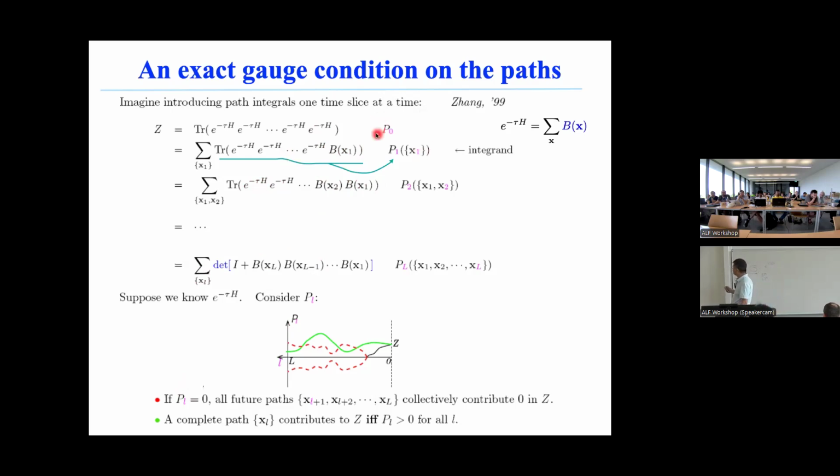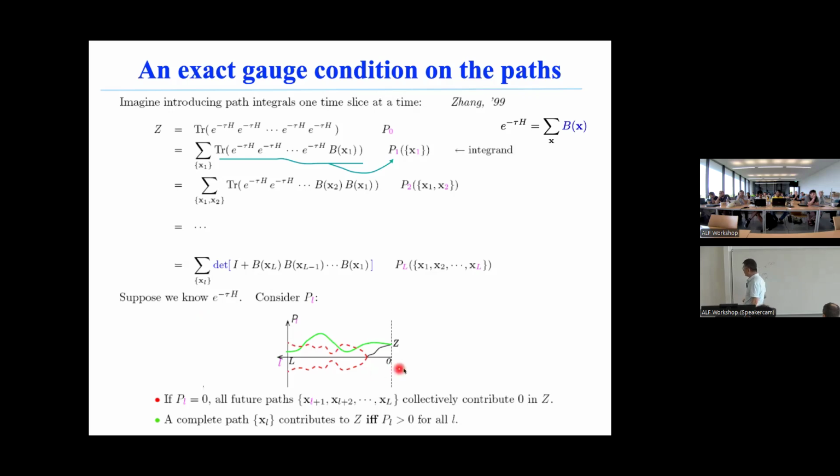So in other words, I know how to evaluate all of these things. Suppose we know this, then I want to consider this sequence of P's. I label these with capital L because operationally we have capital L slices. But I want you to think about capital L going to infinity, delta tau going to 0, and the time step going to 0, in which case it's a continuous process. These things only change continuously.